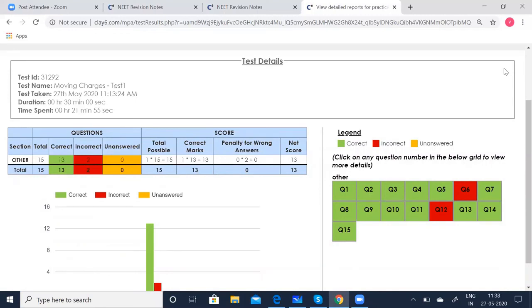And the children who are going to appear now, you can take it on an hourly basis, so you can manage the time. Time management is very, very important in these NEET exams. So be careful and don't be tense. Don't panic while selecting the options like we did today.